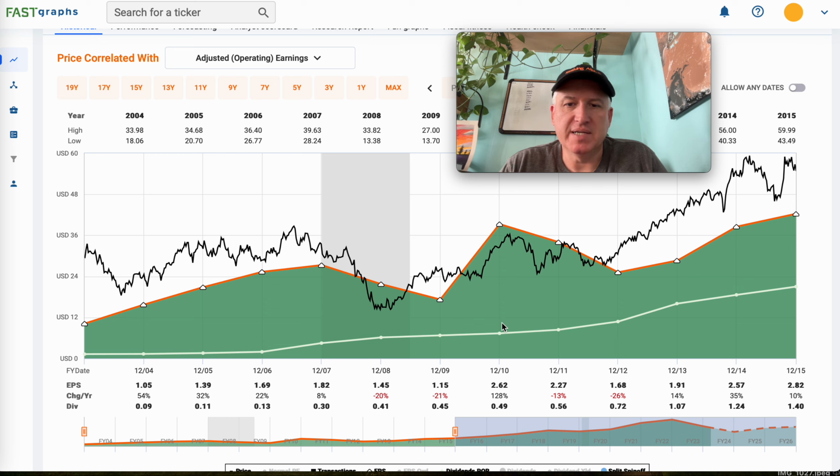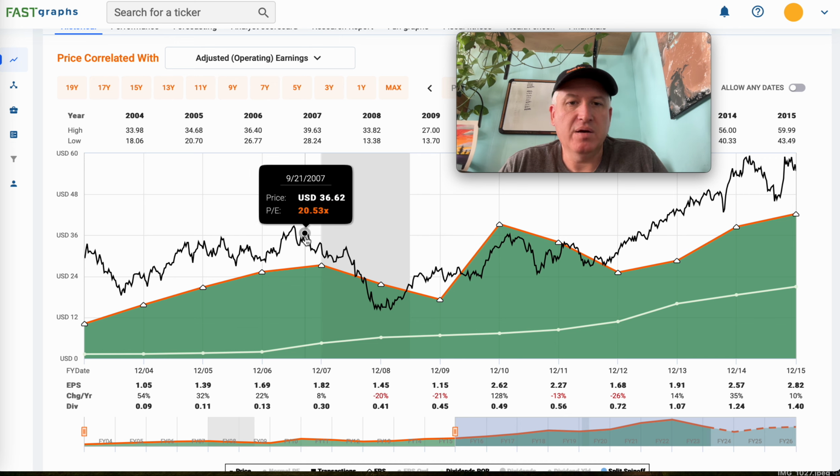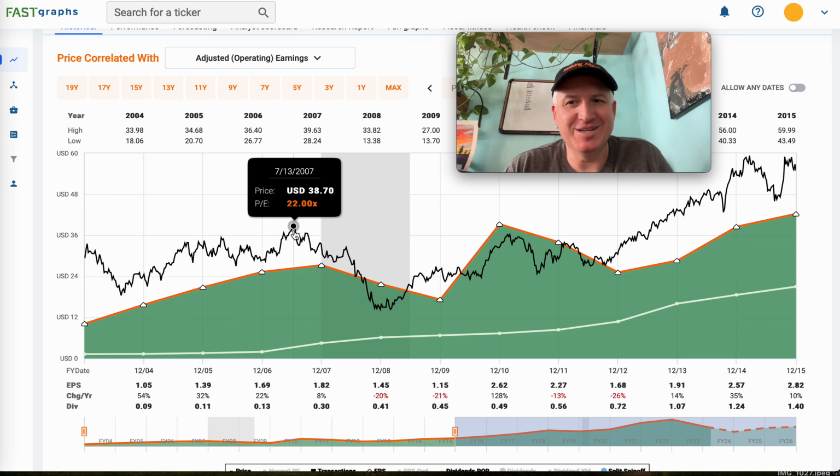As an example here, if you look at Texas Instruments at the bottom or near the bottom of their earnings in 2009, they were trading at, I'll call it, a 23 PE. Well, if we go back over here before the stock price fell, they were also trading at a 22 PE, give or take, right?